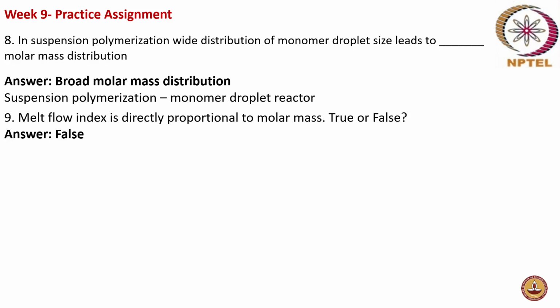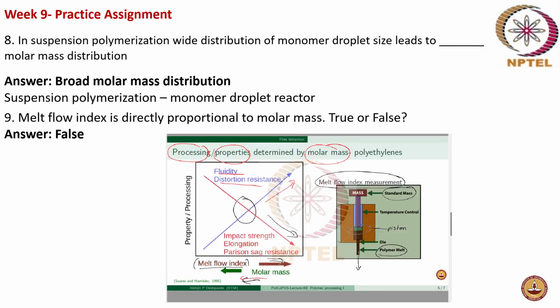Okay, it is actually false. So this is the relationship. As your molar mass increases, your melt flow index actually decreases. This is the increasing direction of molar mass, the left pointed arrow, whereas melt flow index is the right pointed arrow. So when you have higher and higher molar mass, your melt flow index, or the capability of flowing, will be very much reduced. Because as molar mass increases, there will be more viscosity buildup, right?